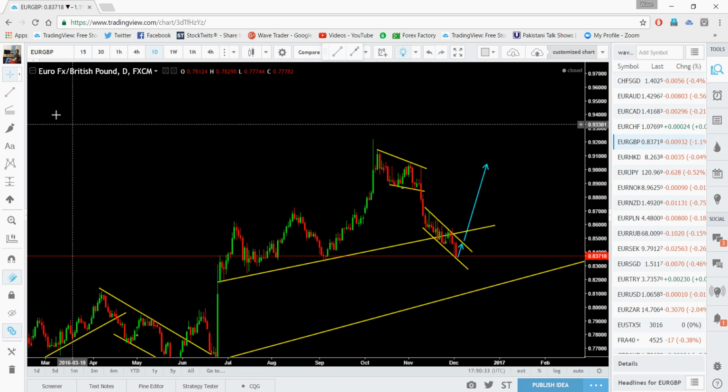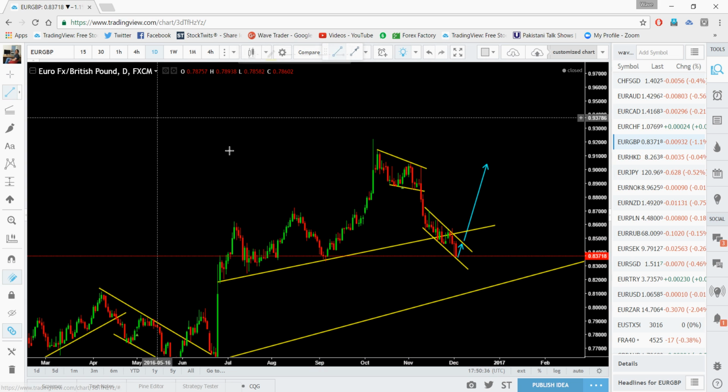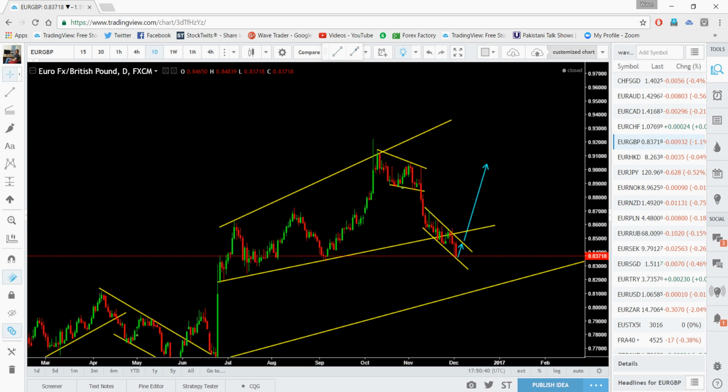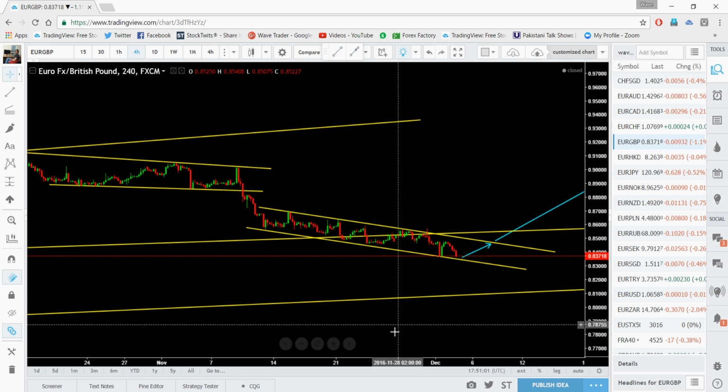Okay, so we were anticipating that price was going to respect this trend line and continue to the upside. Currently price is just running outside the trend line but is still in the corrective trend reversal pattern. Everybody can see that this trend reversal pattern hasn't been violated by the price, still within that pattern.